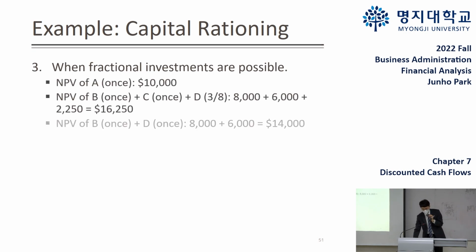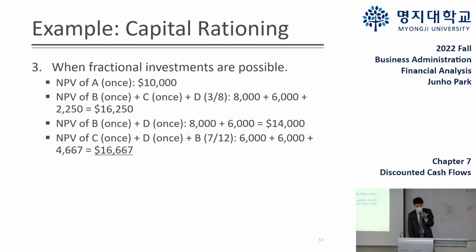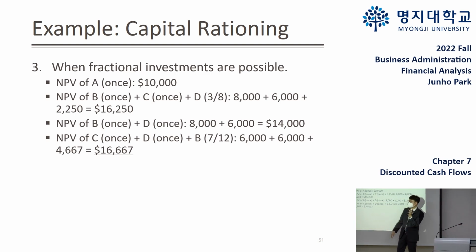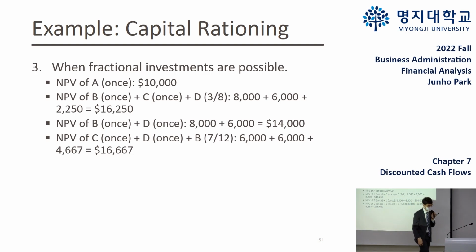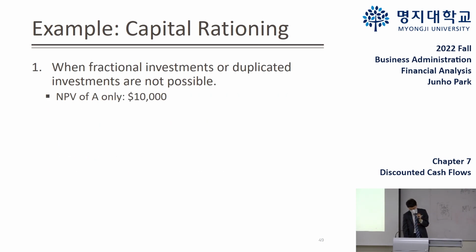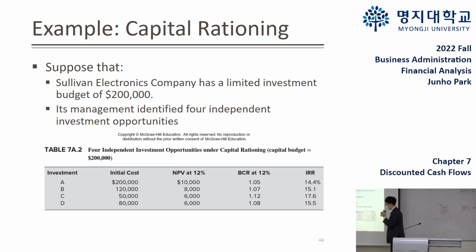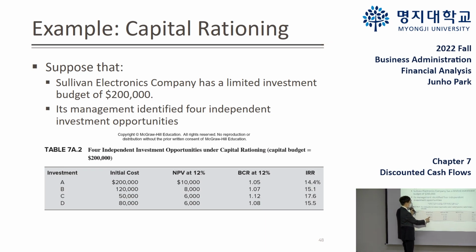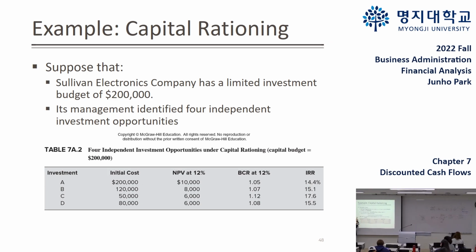Let me think about what we can do. Again, if we choose A, then there is no other choice. However, if we choose B, we spend 120 out of 200 and we have 80. And then we can choose C, and 80 minus 50 is 30.